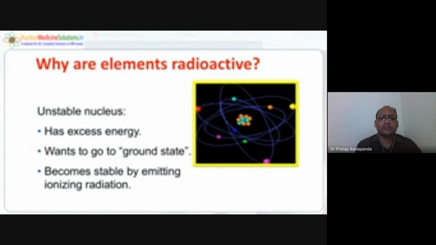So this unstable nucleus, which has excess energy, would like to come to the ground state. And thus, when it comes to the ground state, it emits different kinds of radiation. The radiation emitted while going from an unstable state to a ground state is ionizing radiation.